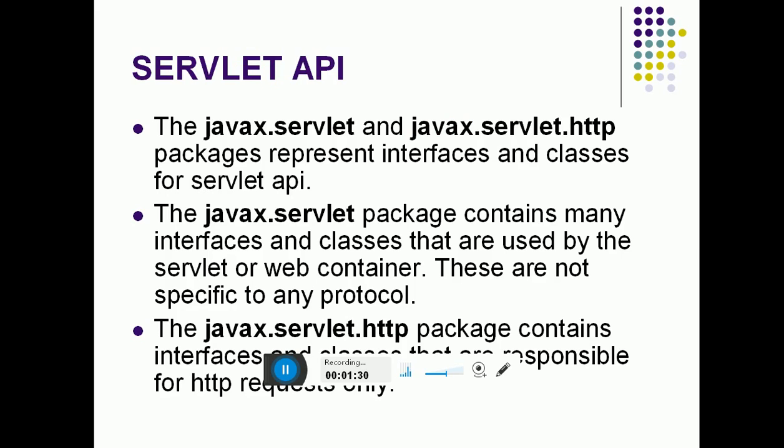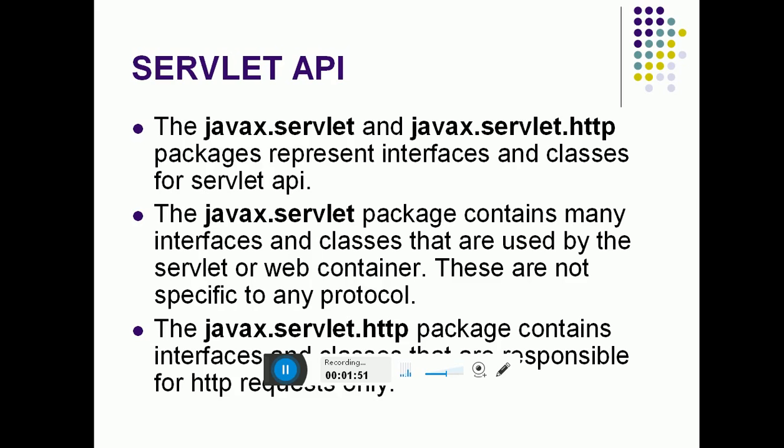And now, what is a servlet API? javax.servlet and javax.servlet.http are the two packages in which the servlet API is present. So what is the javax.servlet package and what is the javax.servlet.http package? Why are there two packages?